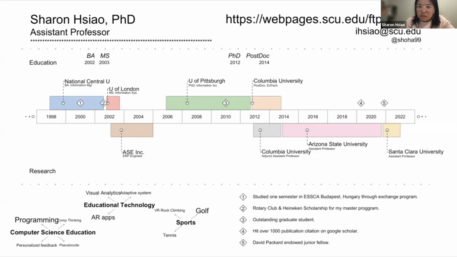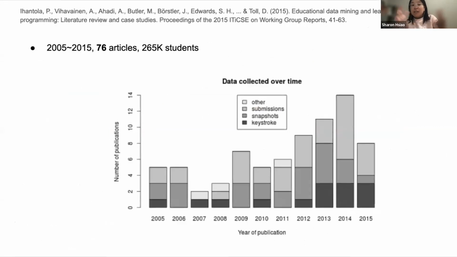multiple different facets of the data that we could collect and infer in learning, particularly in the context of programming language. So today I really just have two parts. The first part, I'm going to introduce you to this paper.